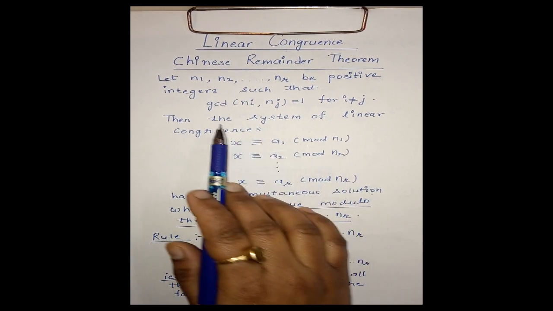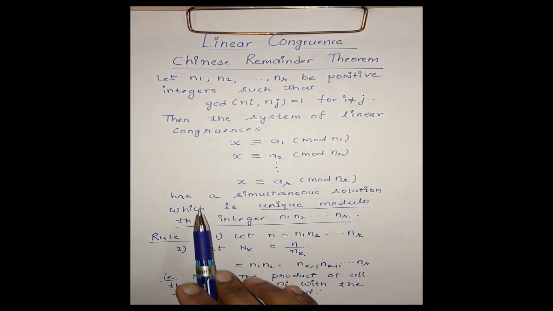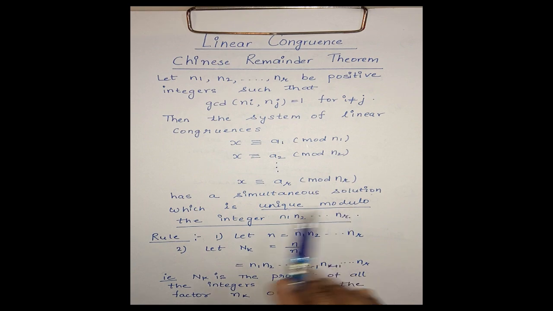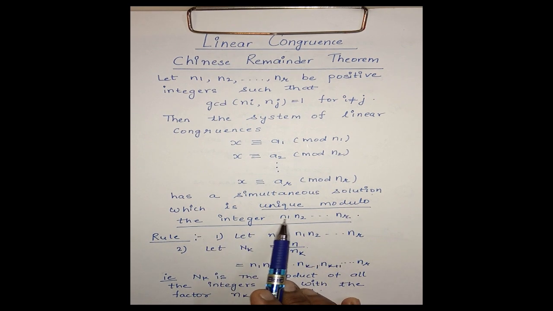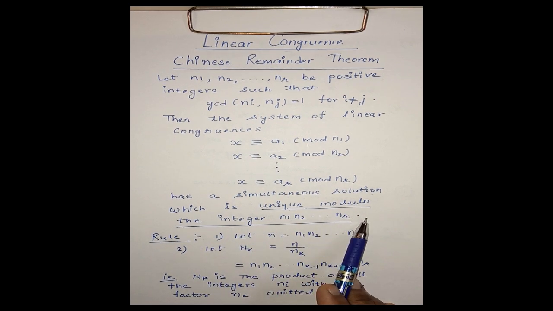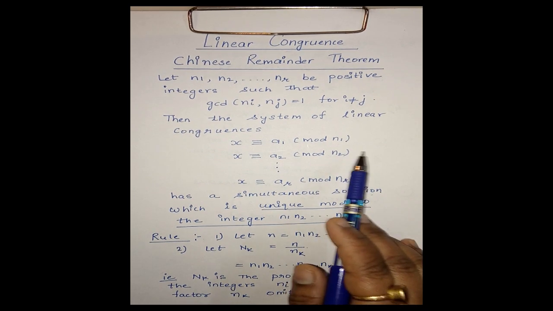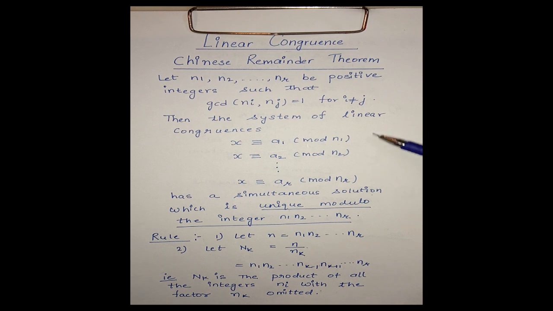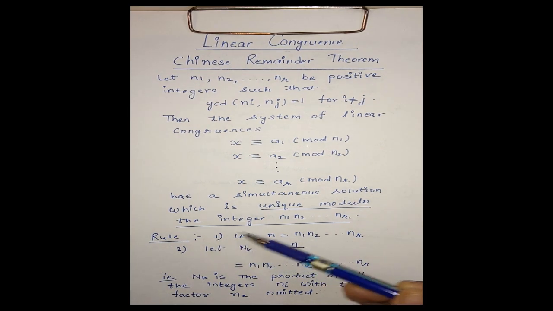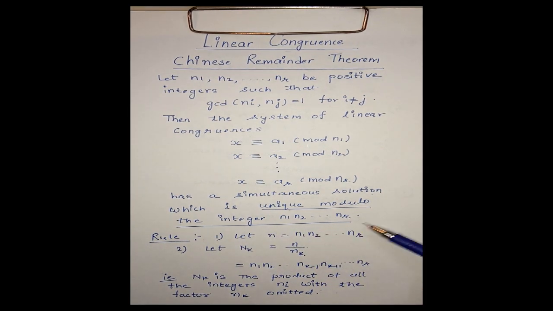Then the system of linear congruences has a simultaneous solution which is unique modulo the product n1 n2 up to nr. This is the Chinese remainder theorem. Using this theorem, we can find the simultaneous solution of a given system of linear congruences, unique modulo n1 n2 up to nr.